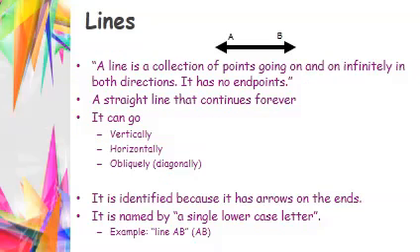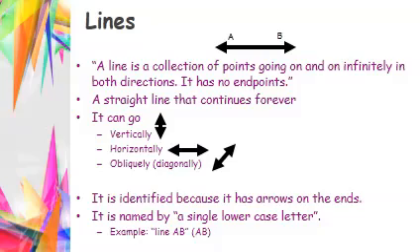A line is a collection of points going on and on infinitely in both directions. So it has no end points. It can go to the right or to the left infinitely without an end. It can go vertically, horizontally, and obliquely or diagonally.